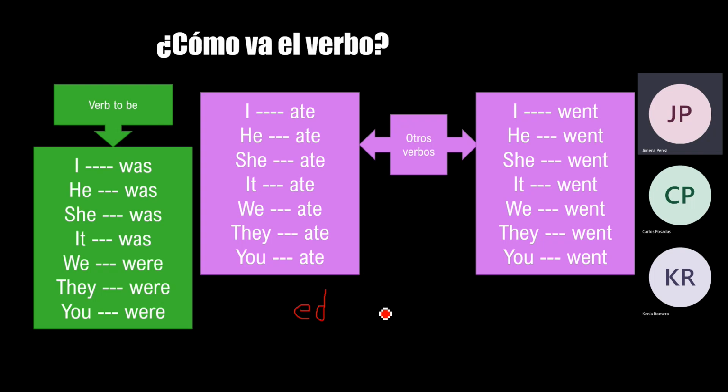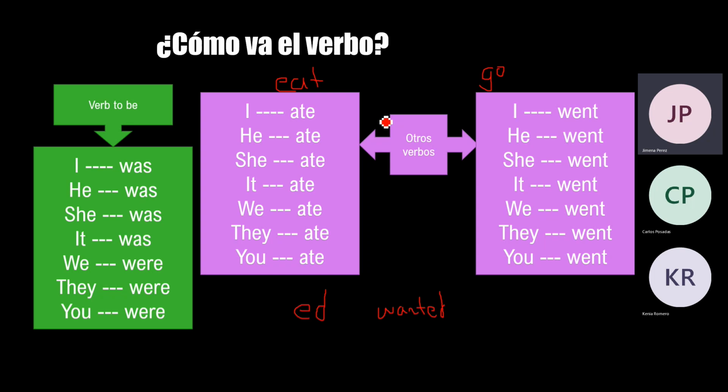For example, I wanted. I want. This is a regular verb, and this is an irregular verb because the verb here is eat, and here the other verb is go. So here the verb is irregular because it changed completely.